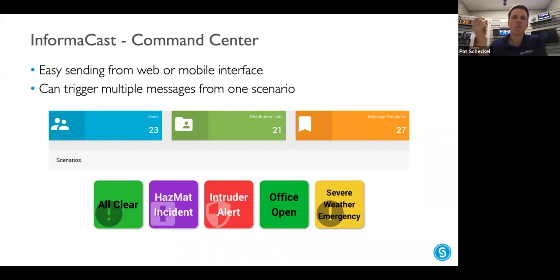It's a mobile phone. So mobile phones, desk phones, overhead paging systems, computer desktop pop-ups, etc. Just curious, how many types of different endpoints can you reach with your current mass notification system? So go ahead and pop your answer into that poll question there, and then we'll go ahead and share the results here momentarily.